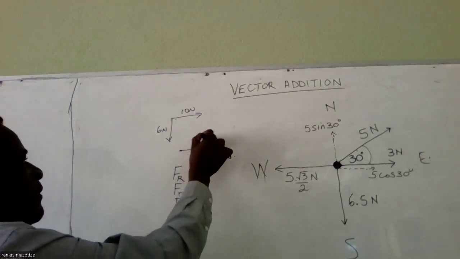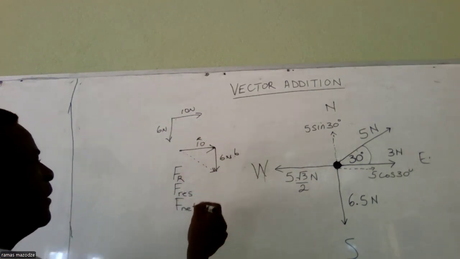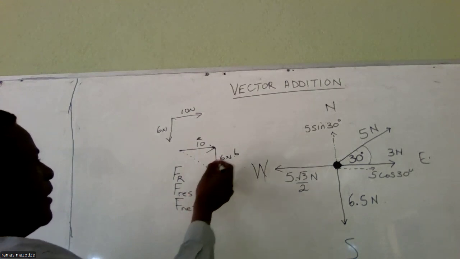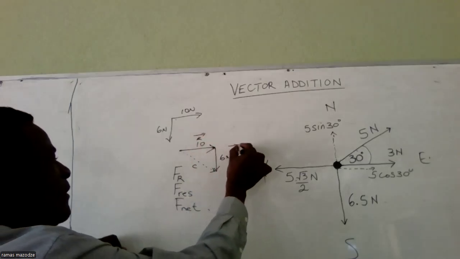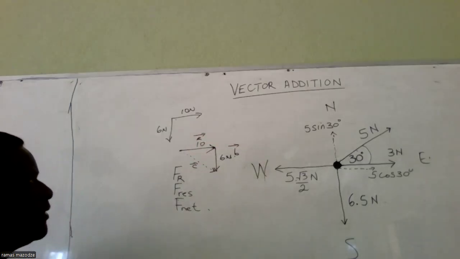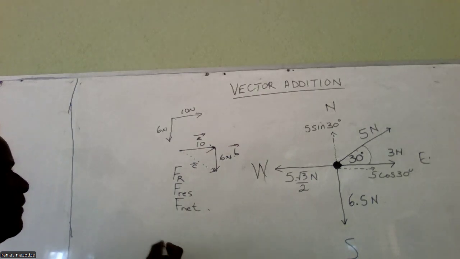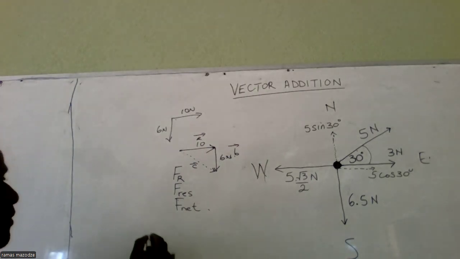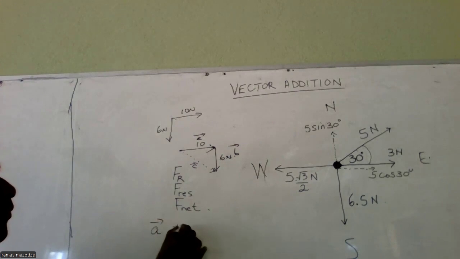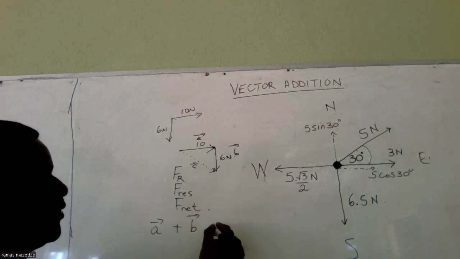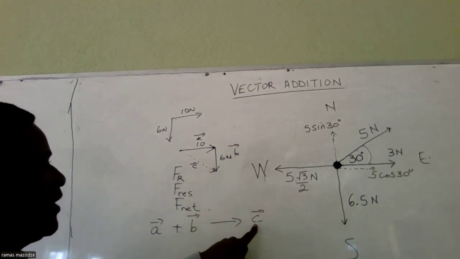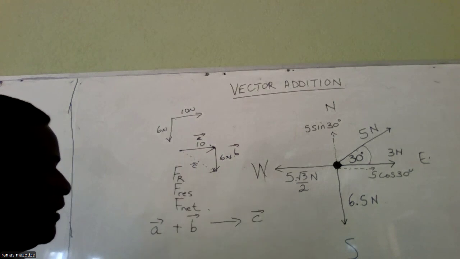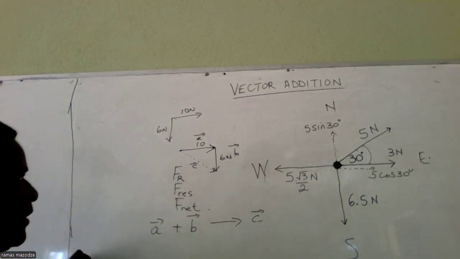So if this was vector A, for example, vector B, then the resultant would be this one, vector C. The representation that we normally have is A plus B, and what you get is vector C. But how do we get the magnitude of the resultant force, the C?